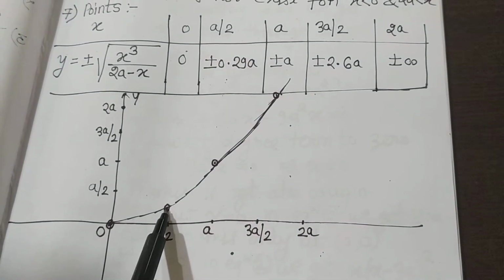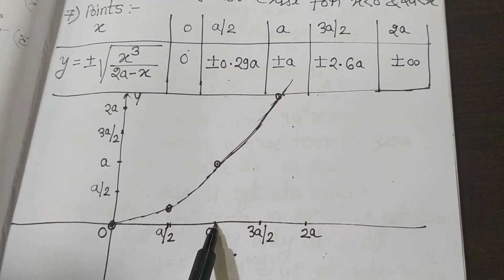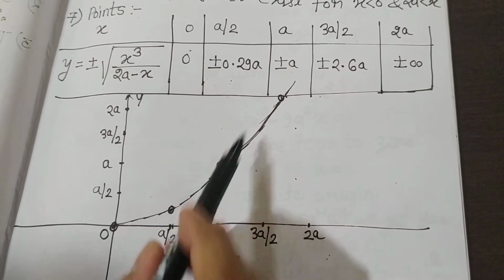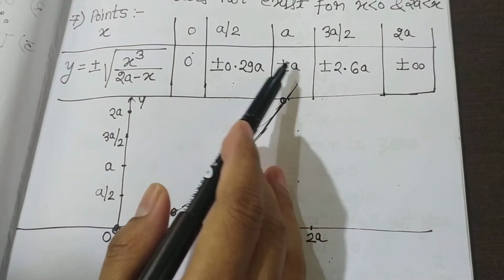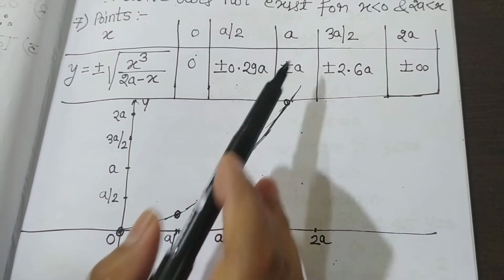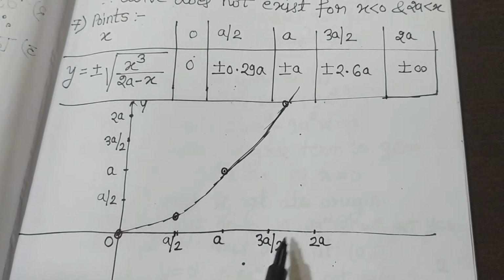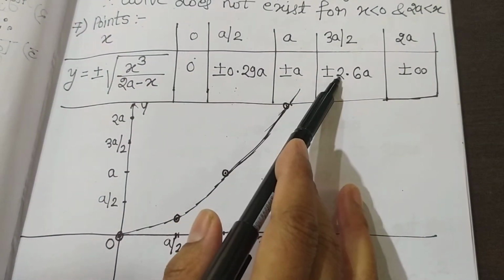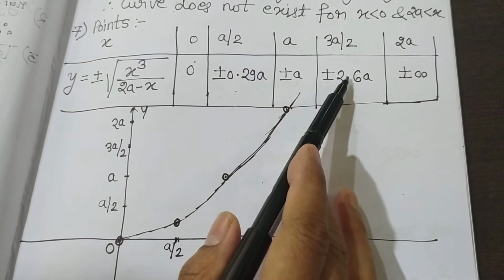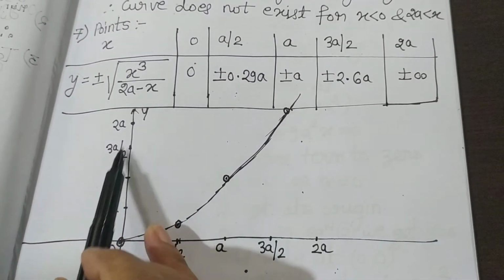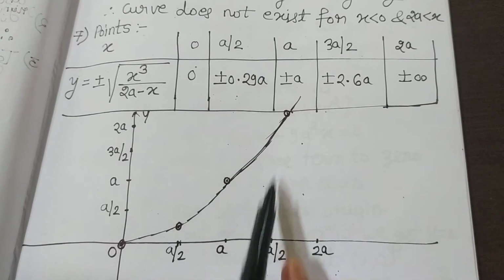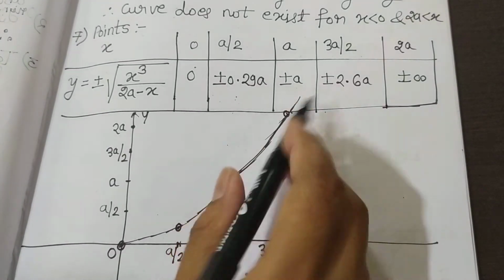So this comes out to be over here. Similarly for x equal to a, I am getting y equal to plus minus a. Right now we will take only the positive value, so plus a. Then again for 3a by 2, we take 0.6, plus. That is somewhere over here. Like this we get the points 1, 2, 3, 4.